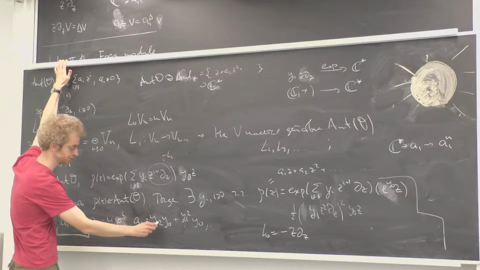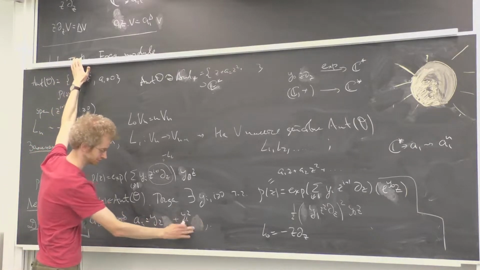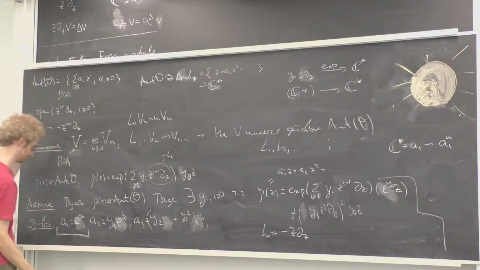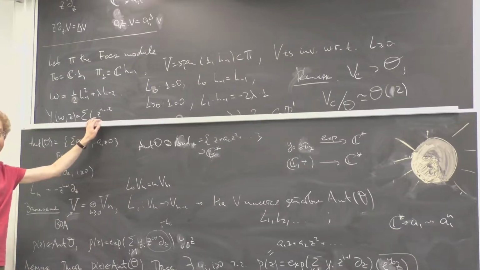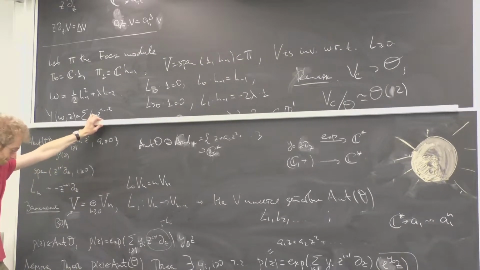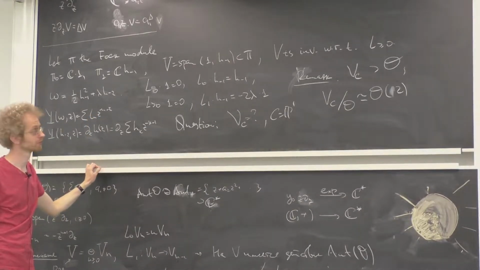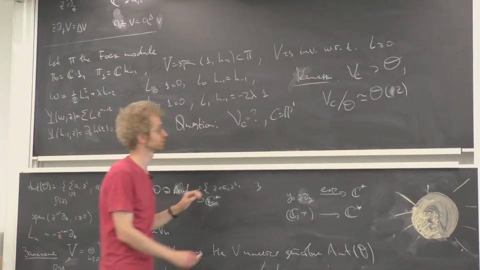And actually, this we don't need, but let's write it. So this should be a 2 by 2 matrix, okay?